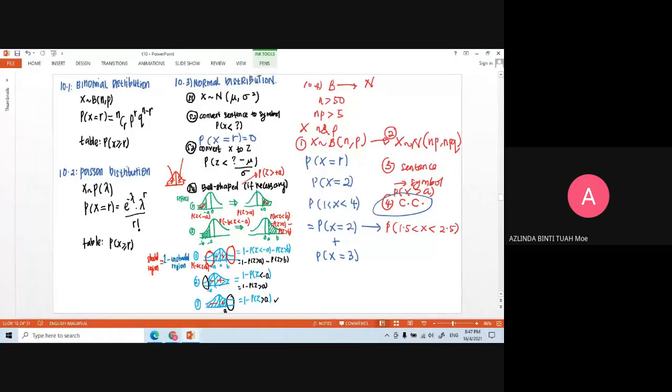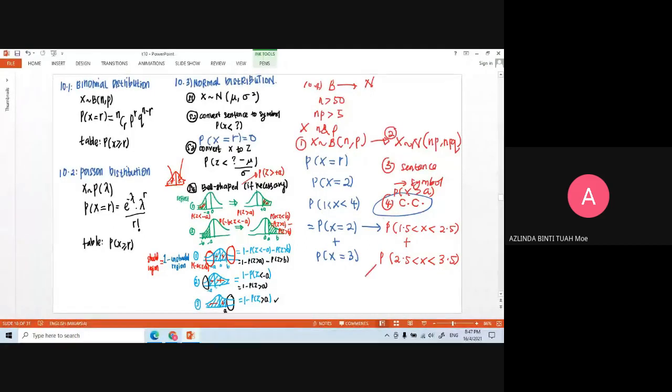Daripada dunia integer, dia jadi decimal. So it start from 1.5, 1.51, 1.52 up to 2.5. Okay, daripada exactly equal to 3, dia akan jadi probability plus and minus 0.5 from 3. So it's going to be 2.5 less than x less than 3.5. So inilah idea sebenar penukaran continuity correction.